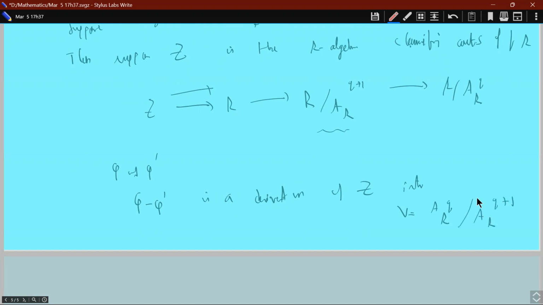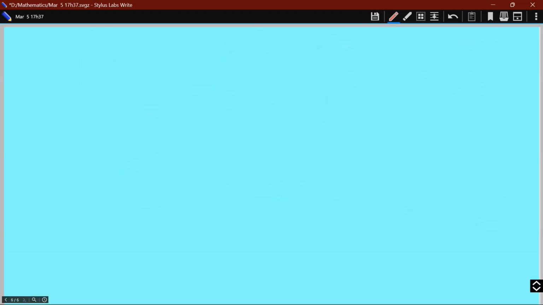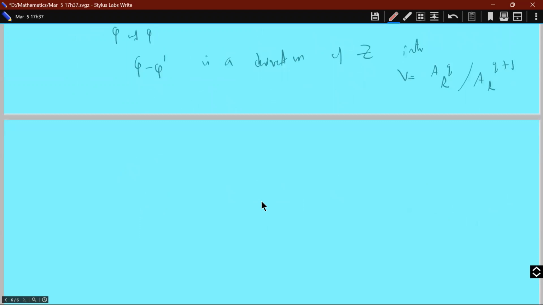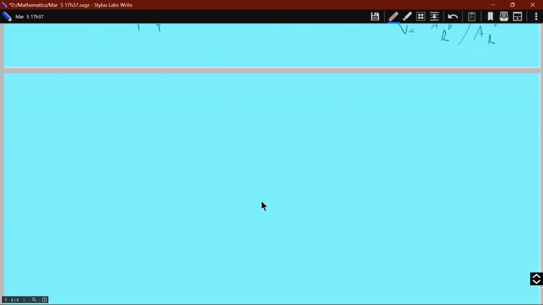So again, I'll just say this: because these are R algebra homomorphisms, we know that phi minus phi dash is linear. So when I say linear, that will mean that it is linear.